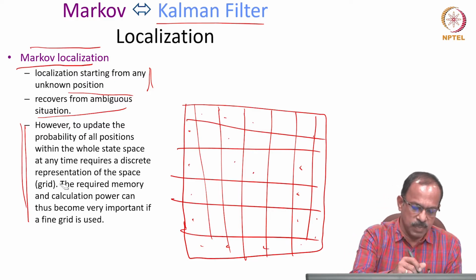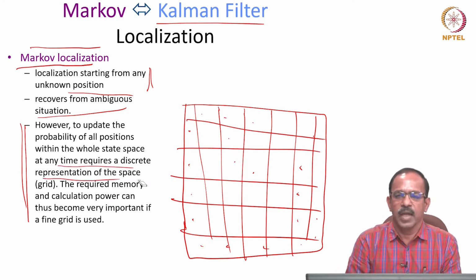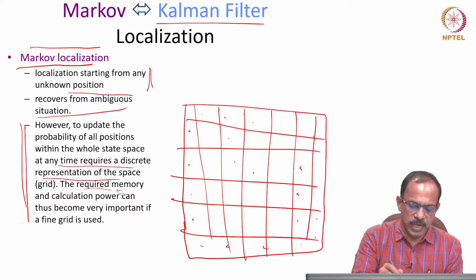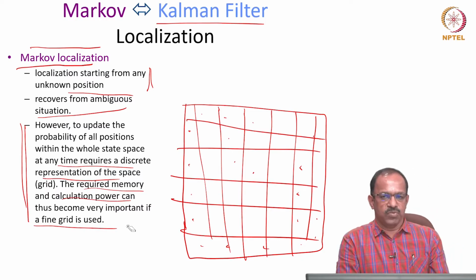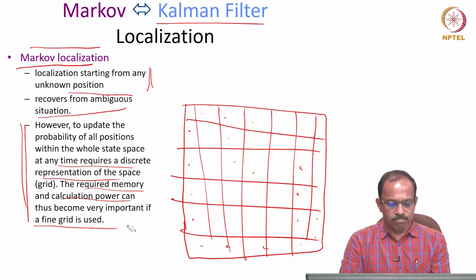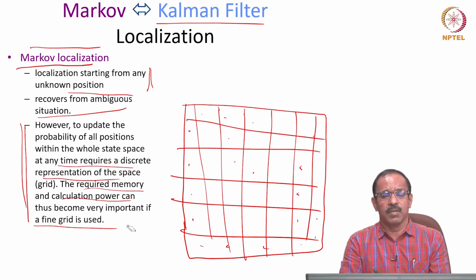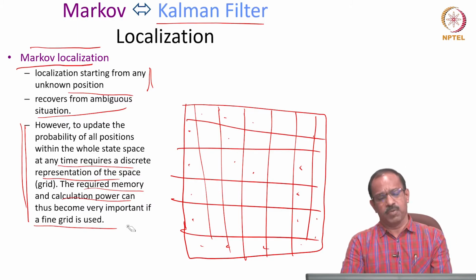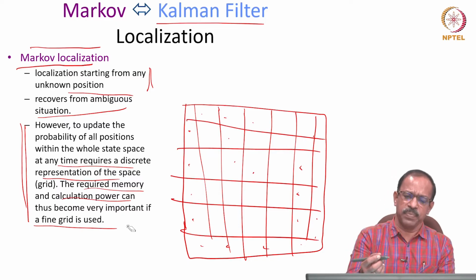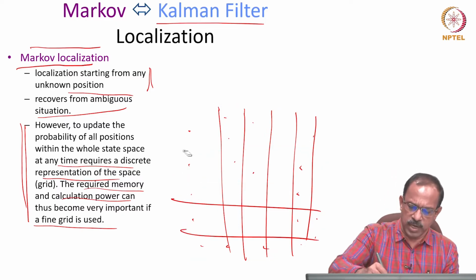Since you have to update it every time, the memory and calculation power can become very important if a fine grid is used. If you are using very fine grids, then the update will become very difficult, because you need a lot of memory and a lot of computation power. So, that is one difficulty with Markov based localization.